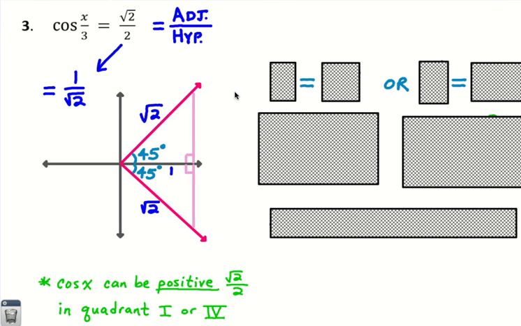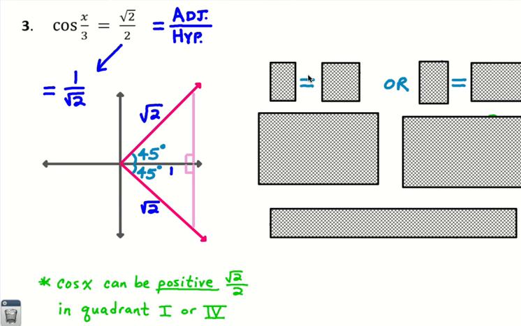So it's likely to be true that we could, at this point in time, just go to our cheat chart and realize the cosine of what equals root 2 over 2. Except, it'll be what x over 3 equals and not yet what x equals.